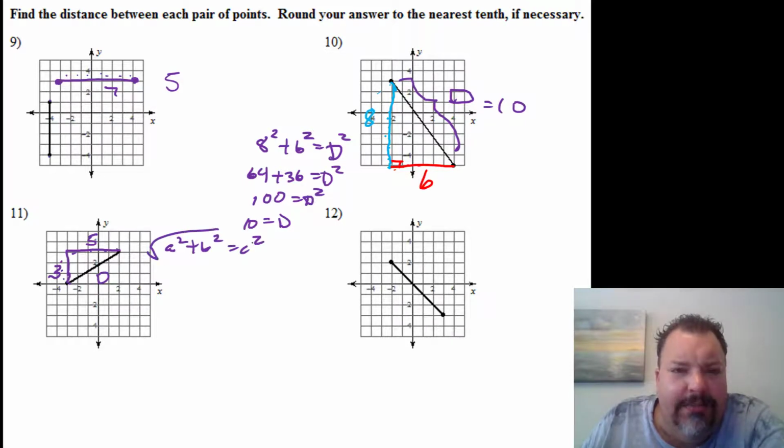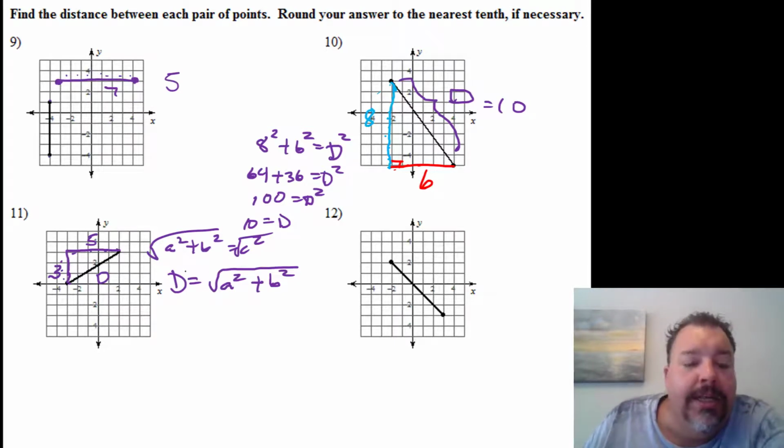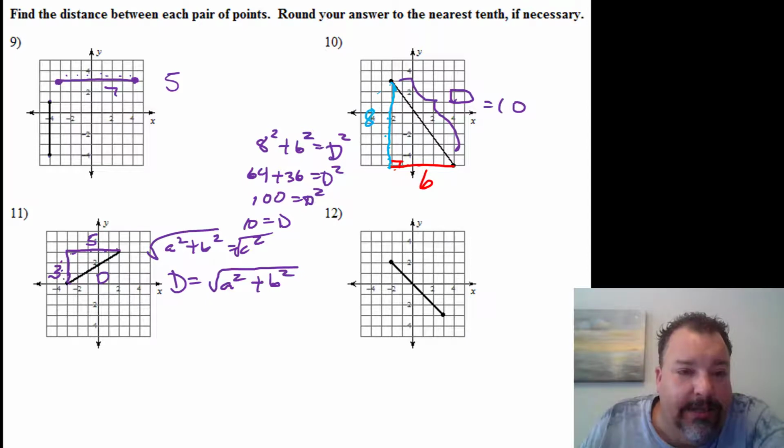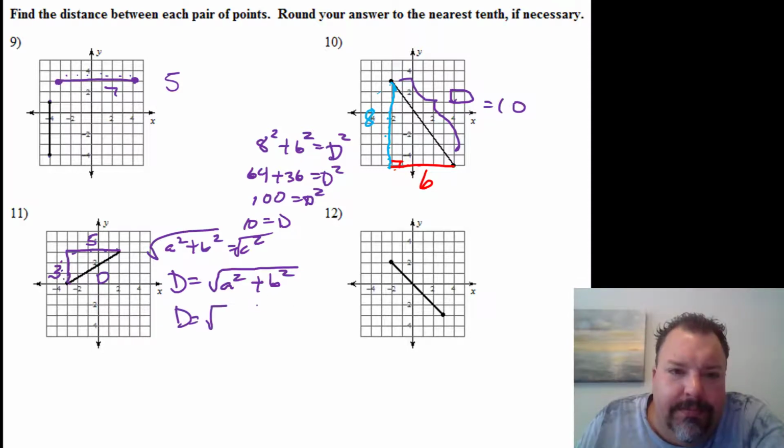And you could even skip a step here and just say D is equal to the square root of a squared plus b squared. Or if you want to call it x squared plus y squared, you could do that as well, because one side measures the horizontal distance, the other side measures the vertical distance. And so we can plug these in, and we've got the square root of 3 squared plus 5 squared.